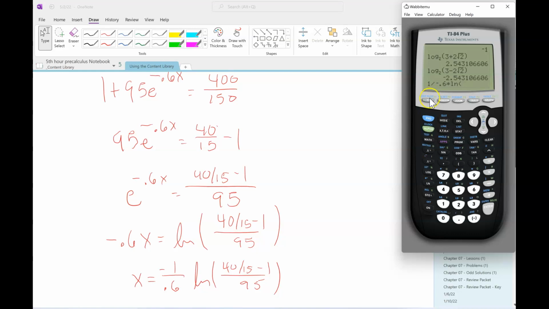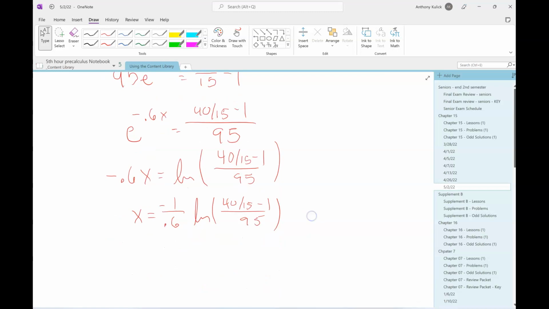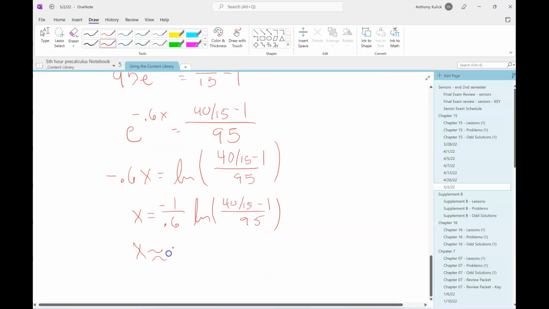I'm going to use the fraction command there so I don't have to muck around with a million sets of parentheses to get that to show up the way I want it to. So 45 over 15 minus 1, all over 95. And I get about 674.